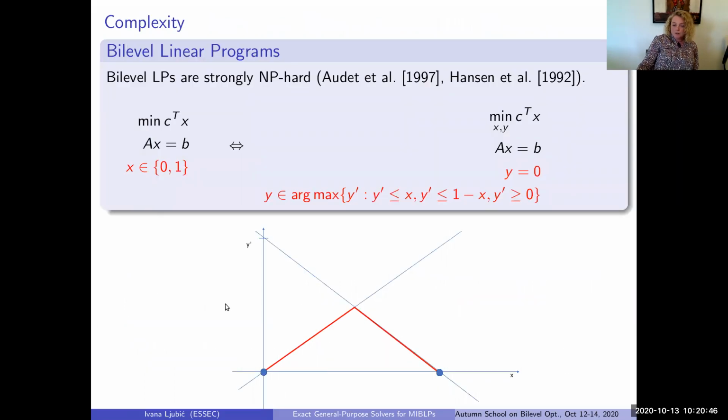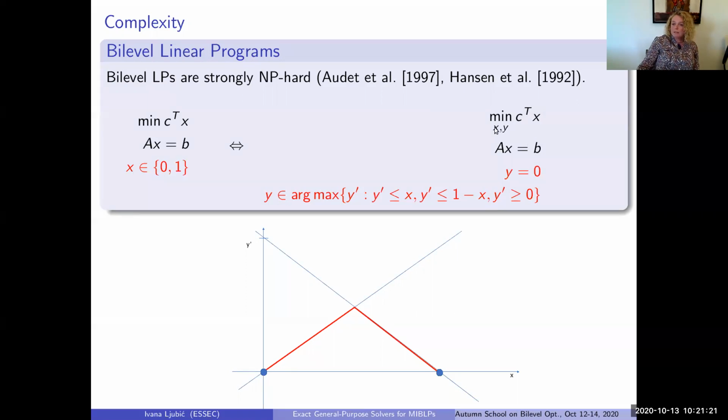Just as a reminder from yesterday, already bilevel linear programs are known to be strongly NP-hard. And if you have on the left-hand side a 0-1 ILP, for example, with the constraint that x is supposed to be a binary variable, you can reformulate it as a bilevel linear program in which you replace the condition that x is either 0 or 1 with an optimization problem in which there are no discrete variables.